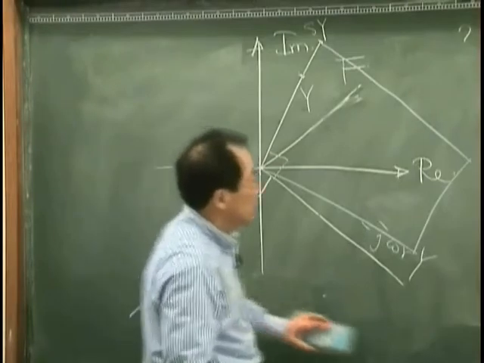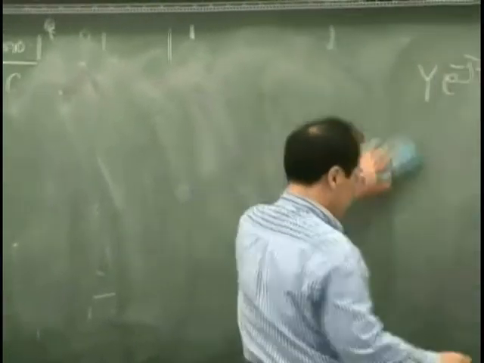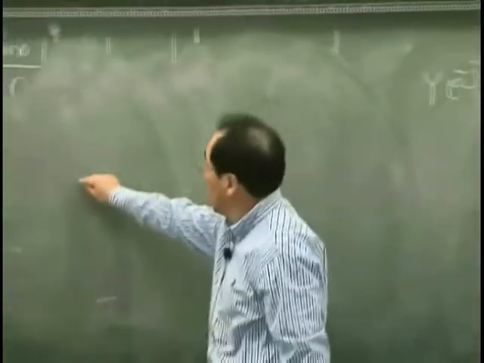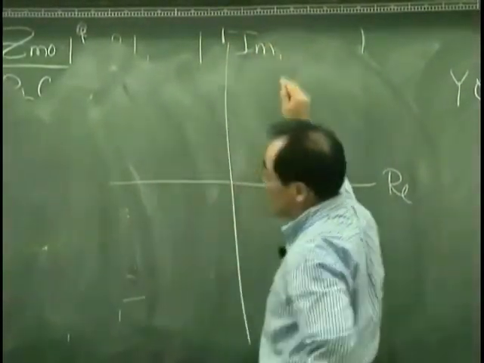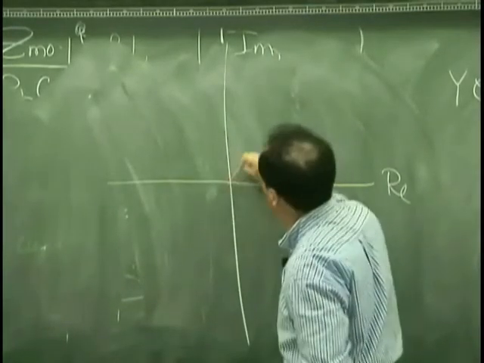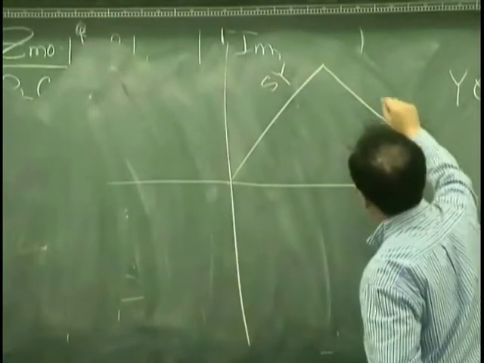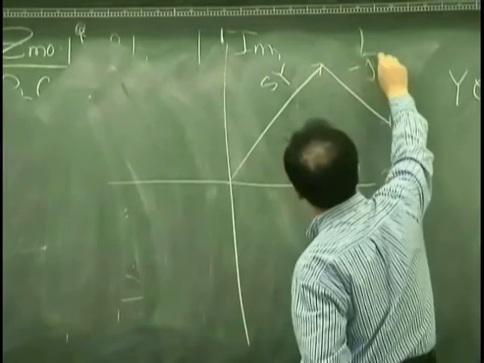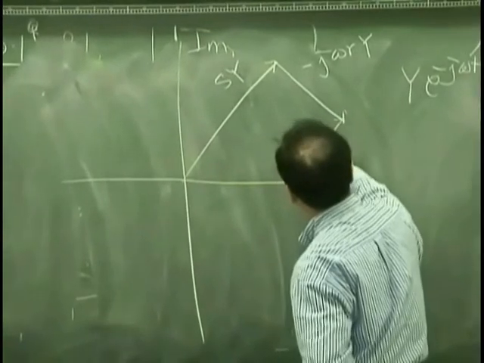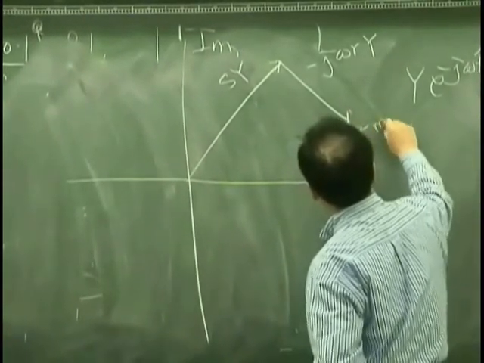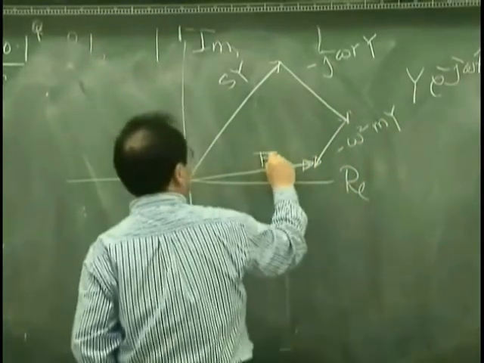So, to summarize, this is called the phasor diagram. Okay, this is the real part, the imaginary part, and I have y, sy, and I have minus j omega c y, and I have minus omega square m y, and this has to be the same as f.